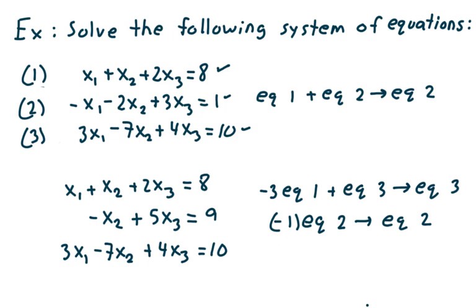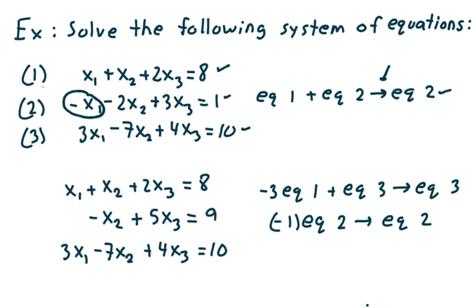I'm going to take equation 1 and add equation 2, and this arrow says to put the result back into equation 2. When I do that, notice how this first term goes away, so I get a new equation 2 with no x1 term.